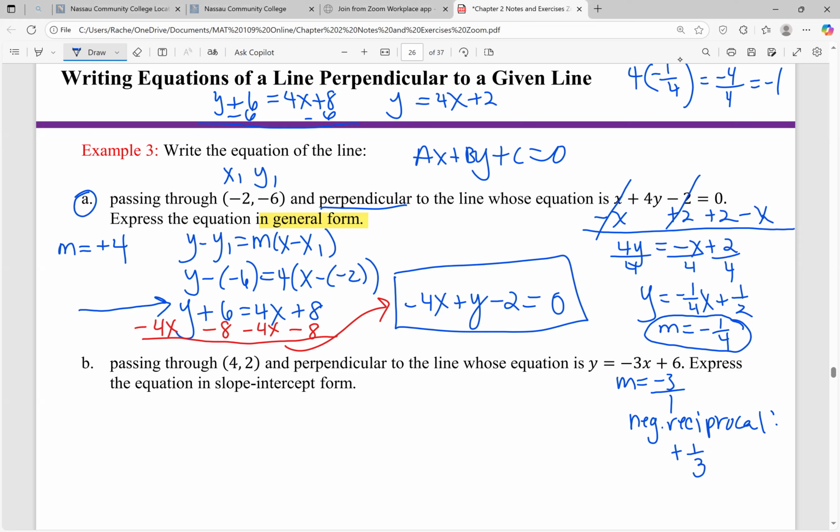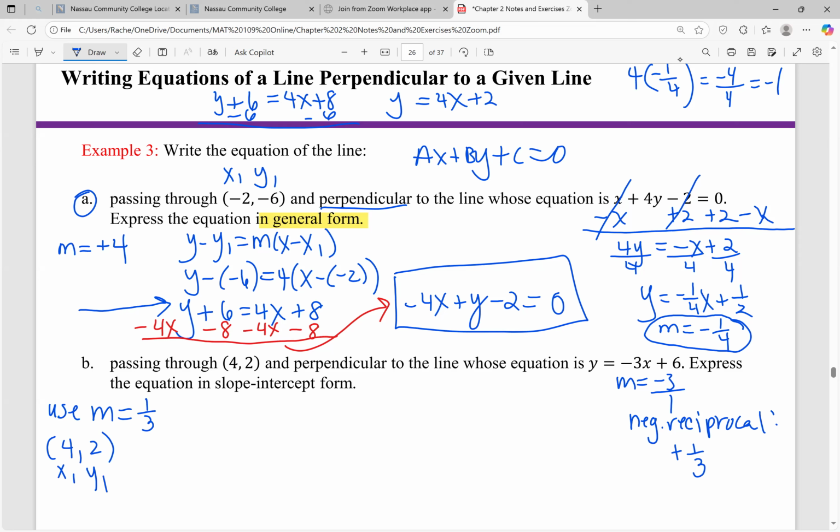Negate the sign, so negative is positive, and then the reciprocal of 3/1 is 1/3. So we're going to use a slope of 1/3 and the point (4, 2). We'll treat that as x1, y1.